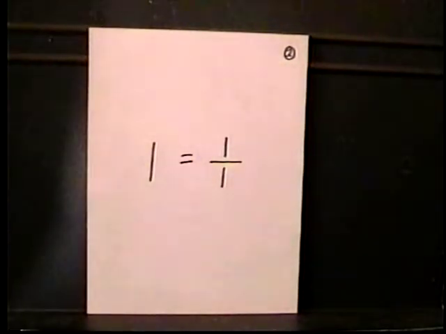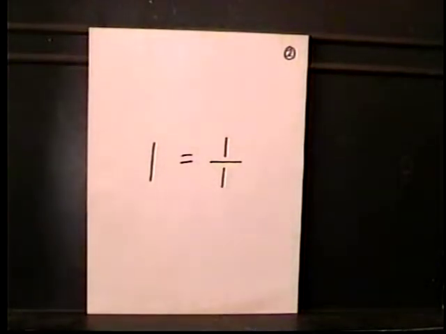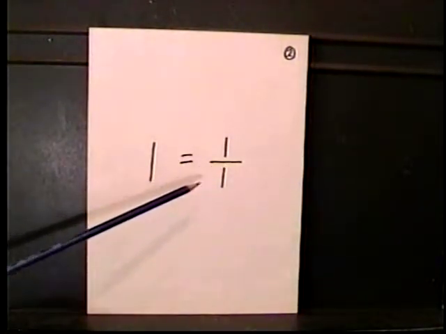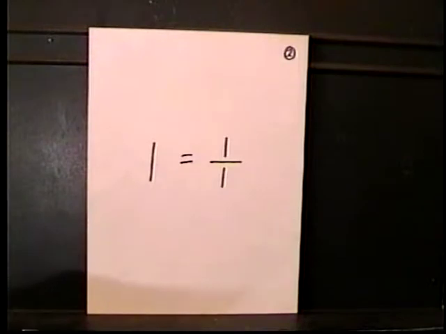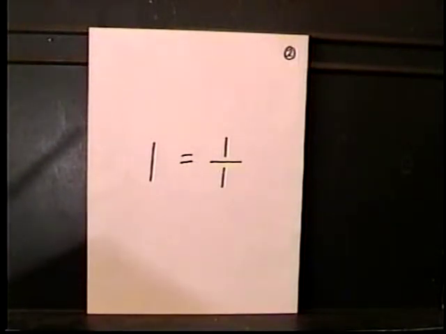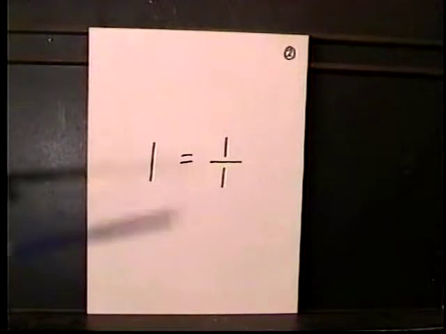Page 2 says that 1 equals 1/1. As you can see, this page is still in one piece. We can also say that we have one piece of paper that has been divided into one piece.